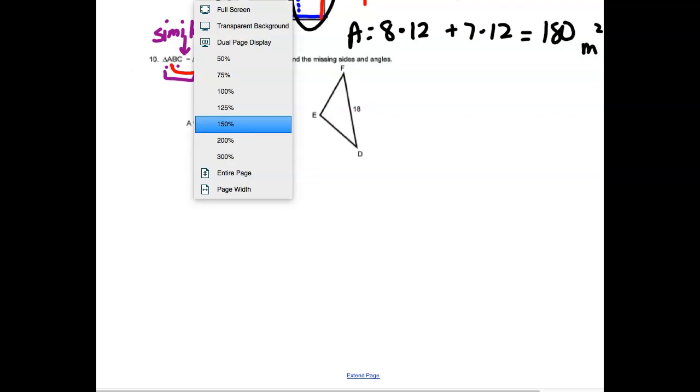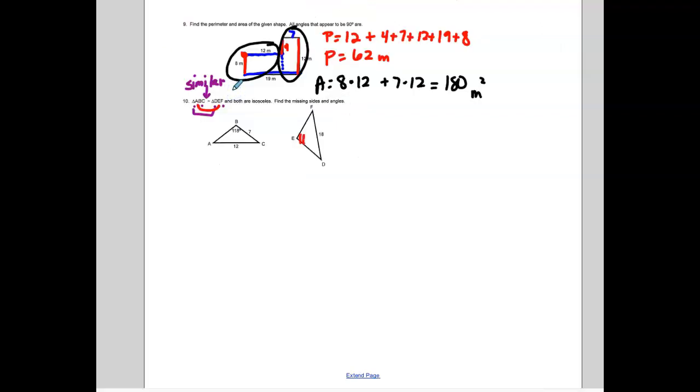Let me shrink this down a little bit here so my pen isn't so big. All right, and then looking at this other angles, we've used up 118. If we subtract that from 180, we're left with 62 degrees. And because we're told that these are isosceles, we know that the two legs are the same, which means these base angles also have to be the same.